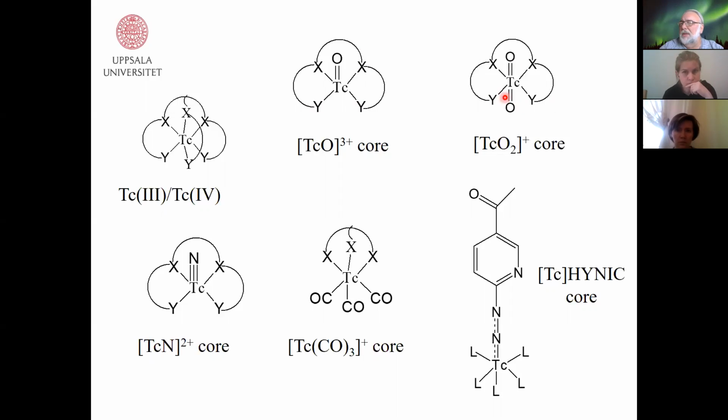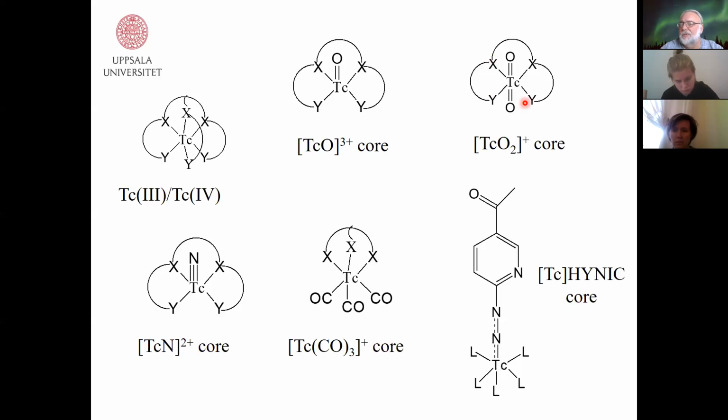It might be the alternative technetium O2 core, where 2 oxygens are connected to technetium. So the initial charge of the core is then 1+. And again, it might be different donor atoms.